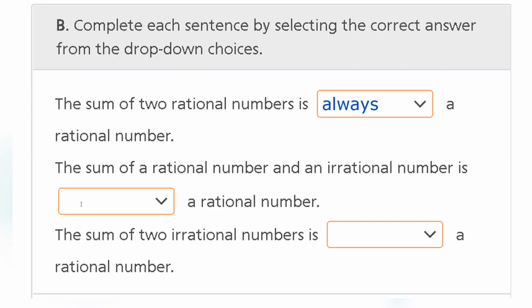The second one, the sum of a rational and an irrational number is never a rational number. And the sum of two irrational numbers, as we saw before, is sometimes a rational number.